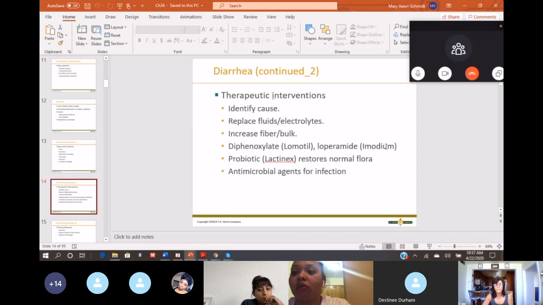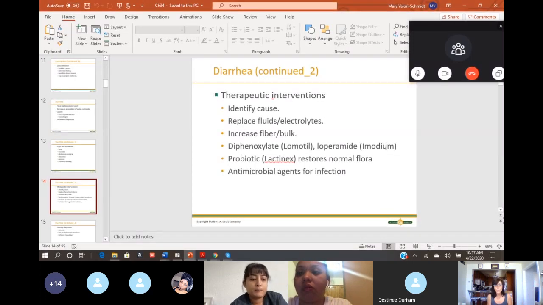It can be used, but should never be used if the patient has or has a history of any intestinal obstruction or any type of intestinal cancer. And it should never be used for more than 2 days. So in other words, if somebody's still having diarrhea, they need to go see a doctor. They can't just keep on taking Imodium, okay?